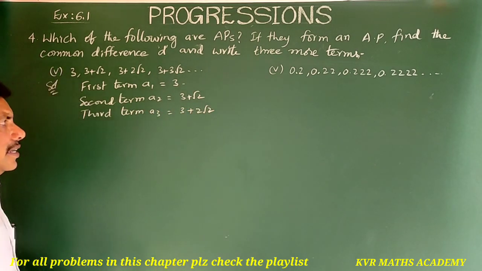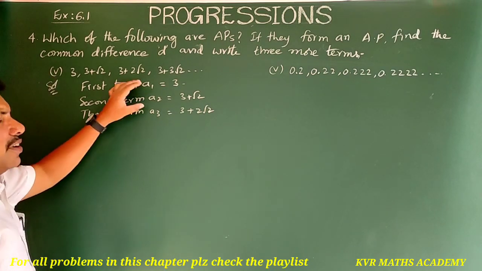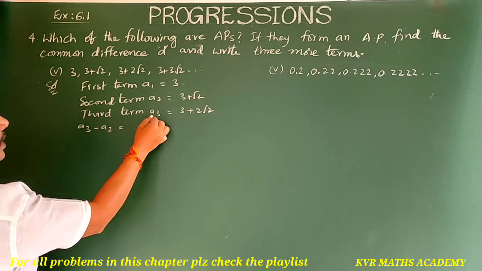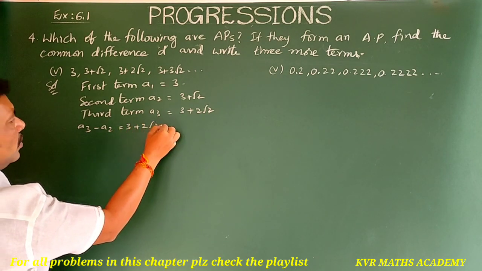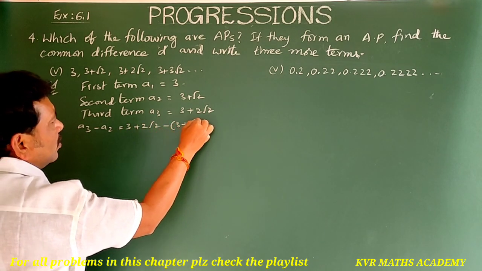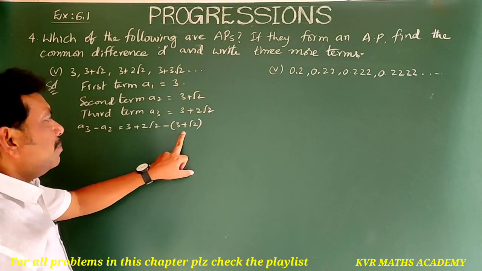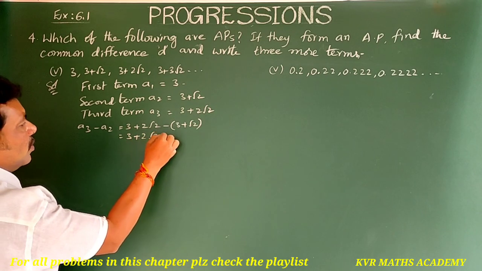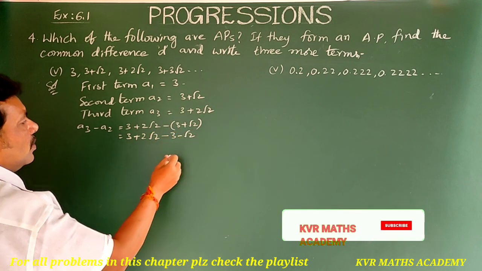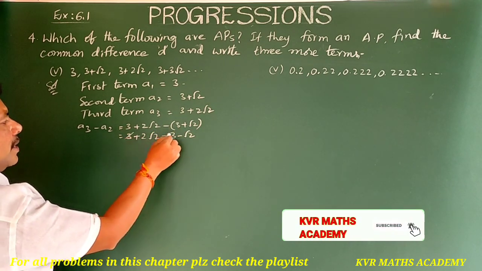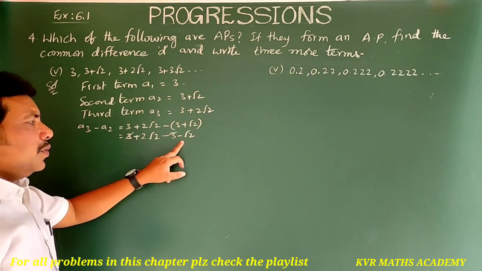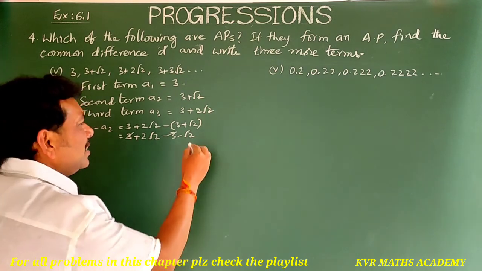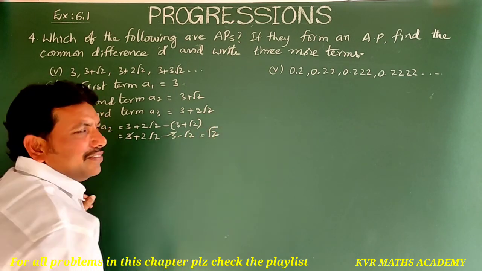Let us check whether the common difference is the same or not. First a3 minus a2: 3 plus 2 root 2 minus (3 plus root 2), that is 3 plus 2 root 2 minus 3 minus root 2. Plus 3 minus 3 get cancelled. 2 root 2 minus 1 root 2, that is 1 root 2 only.